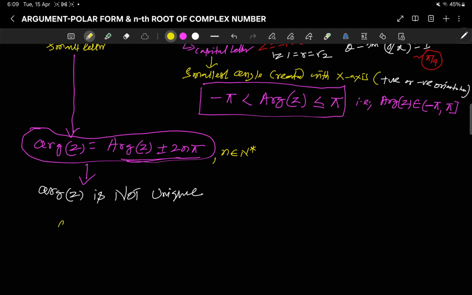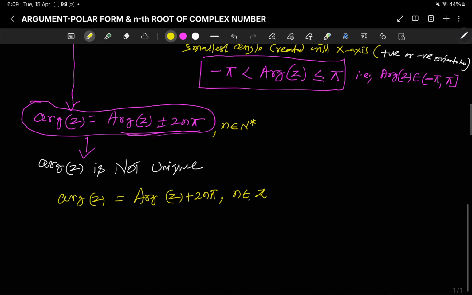I may also write the argument of z as the principal argument plus 2n pi. If I omit the minus sign, then I must write n belongs to Z, because in Z there are plus and minus 1, plus and minus 2, everything, plus terms and minus terms.